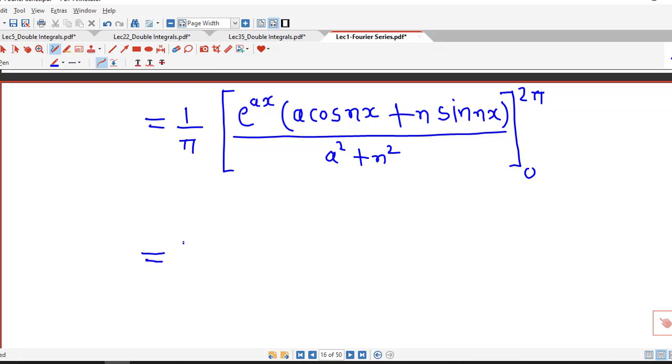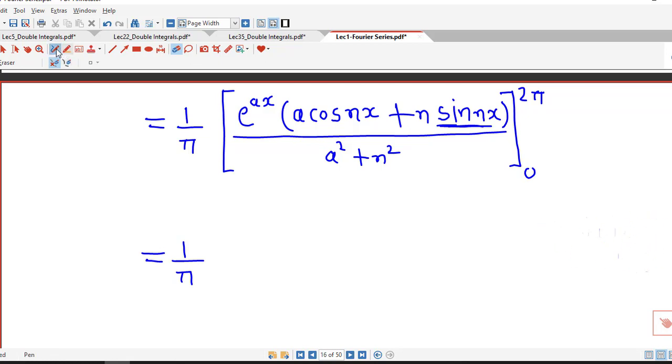First we find the value of this bracket at x equal to 2 pi. If we put x equal to 2 pi, here we will have sin 2n pi, which is 0, because we know that sin n pi is 0 if the multiple of pi is an integer, and here n is a natural number, so 2n is also a natural number, so sin 2n pi is also 0.